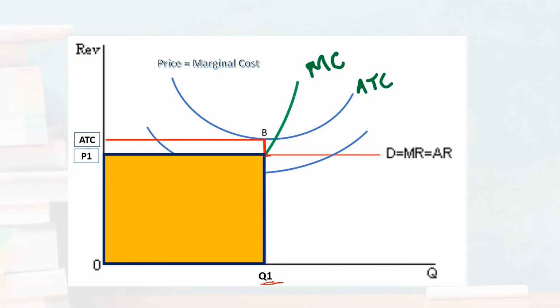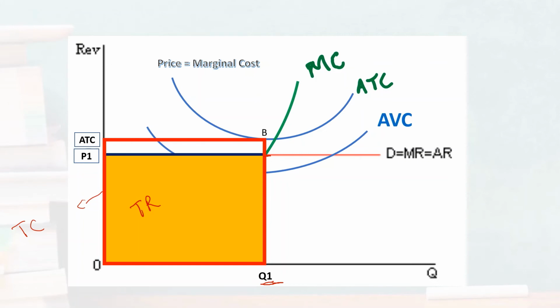So the total cost is the area of this red rectangle, and this time it is larger than the area of the total revenue. So this is total revenue, and the whole big rectangle defines the total cost. So you can easily calculate the total revenue and total cost, and then you can take the difference.